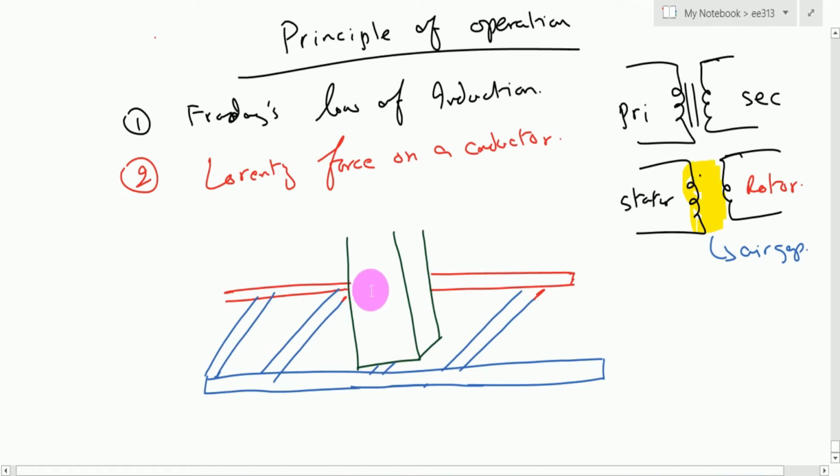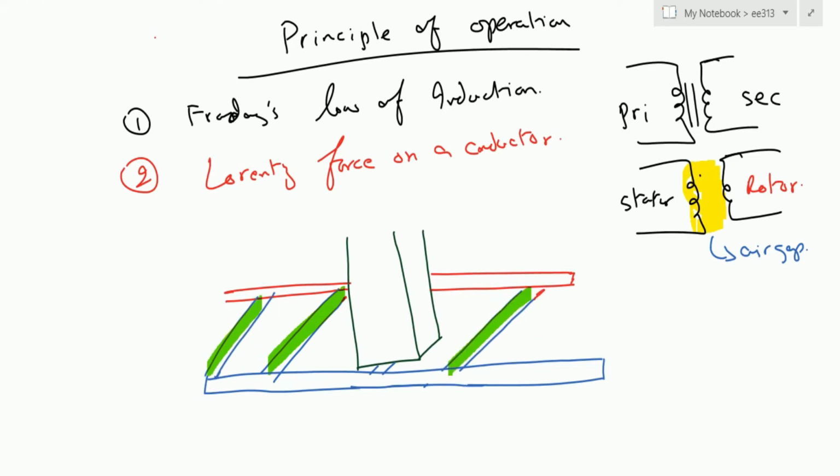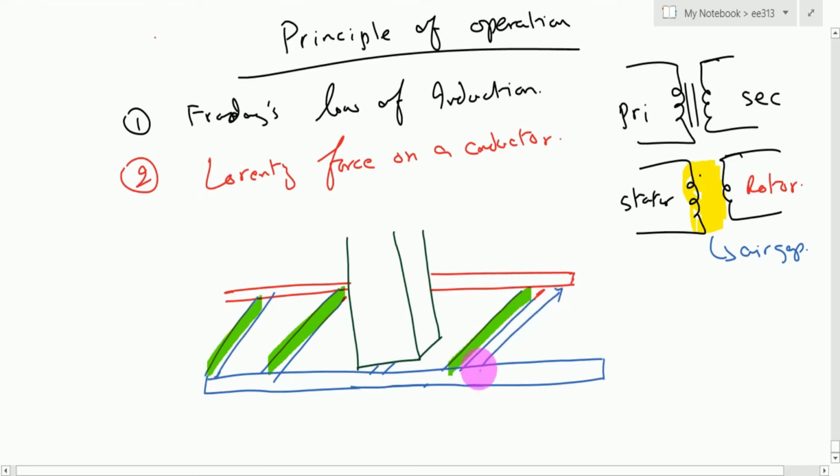As you see here, all of these conductors which are shown here, this green is all conductors. They have some length which is L, and each end of the conductor is actually short circuited.